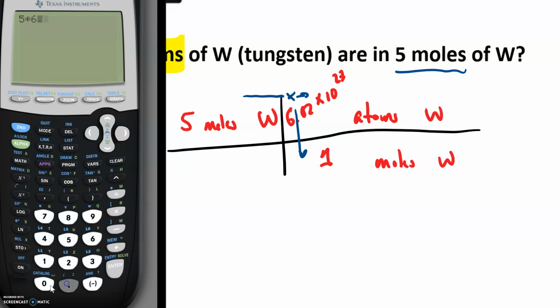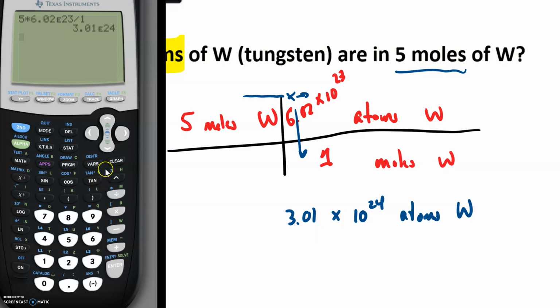So we're going to say 6.02. We're going to hit second. We're going to hit exponent entry. And that little E lights up. That is the calculator's way of saying times 10 to the 23rd. Now it treats this as one solid number. And then we'll divide it by 1. Here's how many atoms of tungsten are in 5 moles. 3.01 times 10 to the 24th atoms.